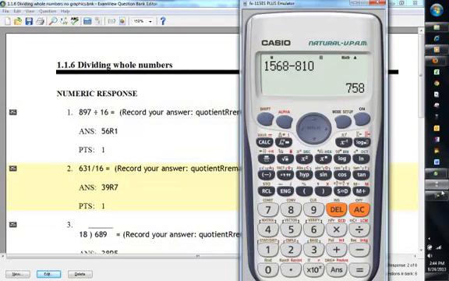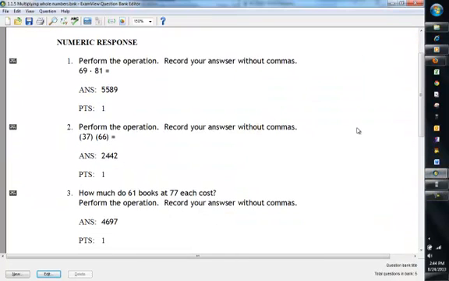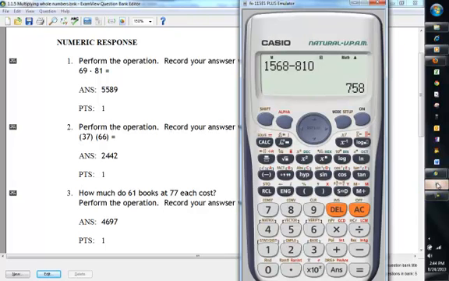Next one. Multiplication. 69. Now the dot, like that, means multiplication. So 69 times 81. The dot is multiplication because the times sign looks kind of like the letter X, and we don't want to make that mistake.